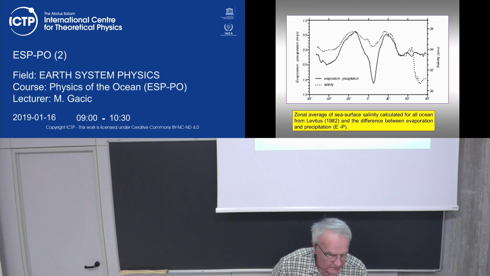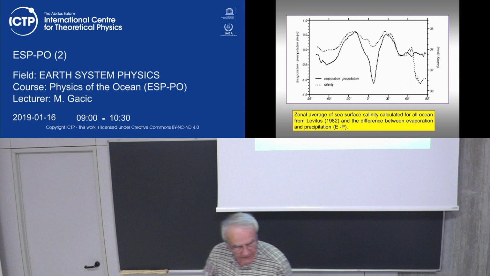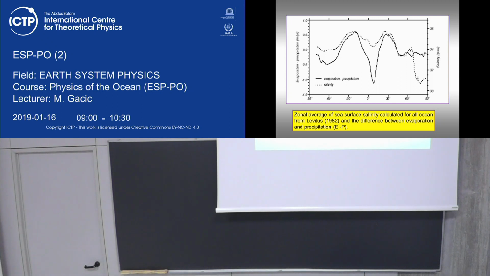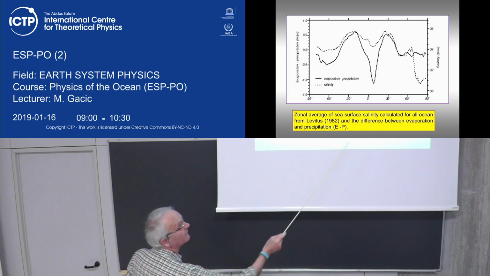And this is one question. The second one, there is also a very weird response around 60 degrees. The relation between evaporation and precipitation is low, but salinity is shooting high, around 60. This one here.